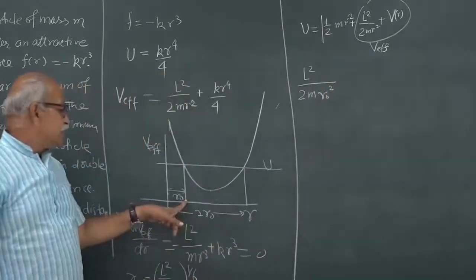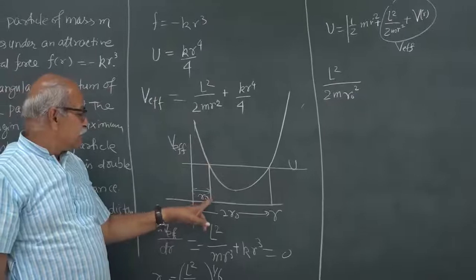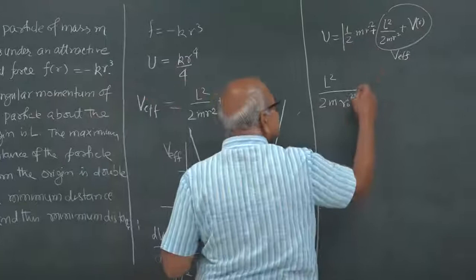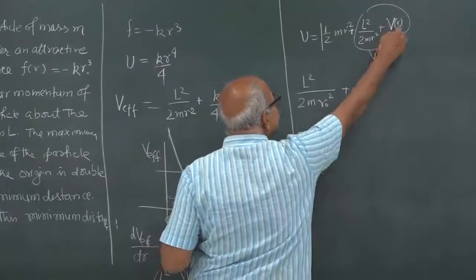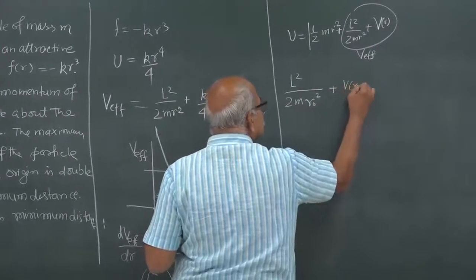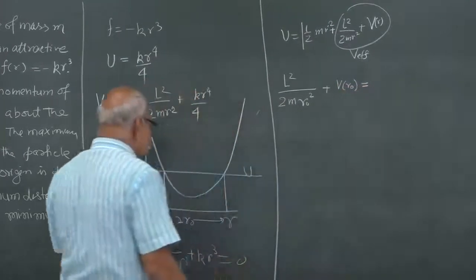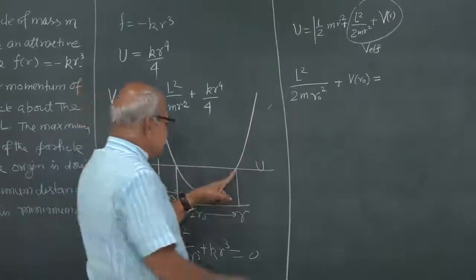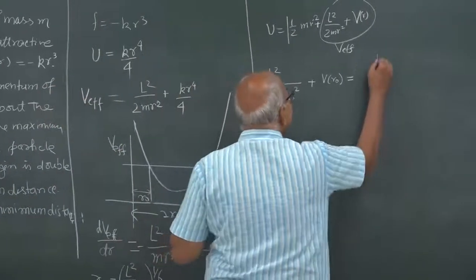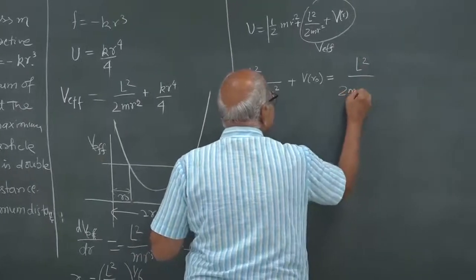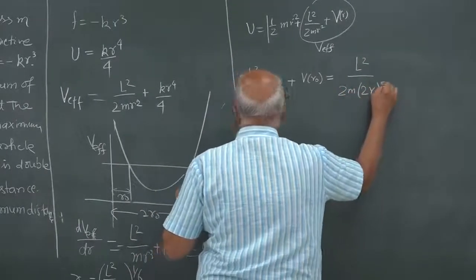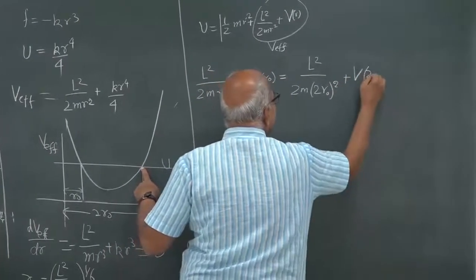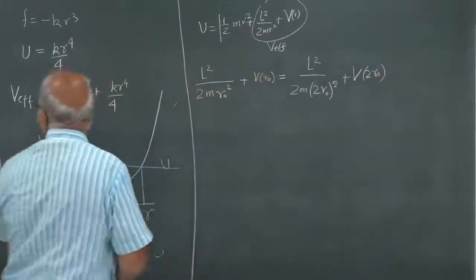Okay. At this point, what is the effective potential energy at this point, minimum distance? So, r is equal to r naught. So, I am writing r naught here and then plus the potential energy at r naught, which is equal to the effective potential energy at this point. So, effective potential energy at this point is L square divided by 2 m 2 r naught square and then plus potential energy at 2 r naught, like this.